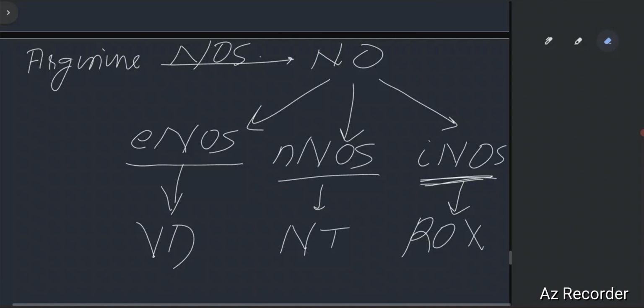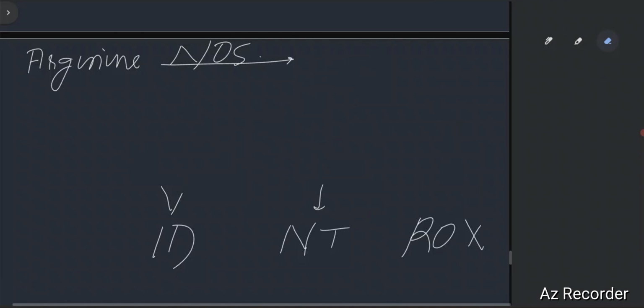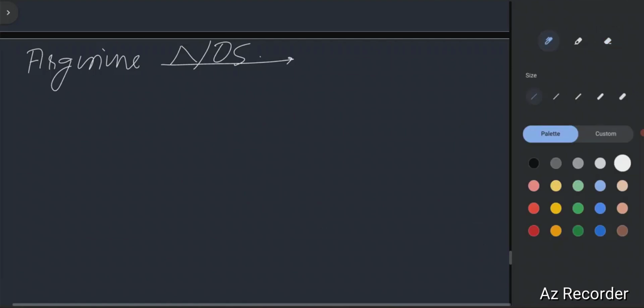Okay, now I'm going to talk about nitric oxide. How are we going to use nitric oxide in the formation of very potent reactive oxygen species? Now you have nitric oxide over here. This nitric oxide combines with superoxide, which you made using the enzyme phagocyte oxidase, right? In which you reduced your oxygen using NADPH.